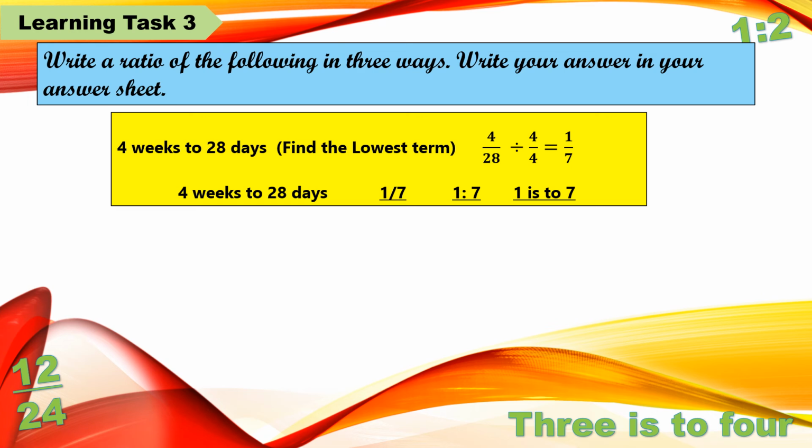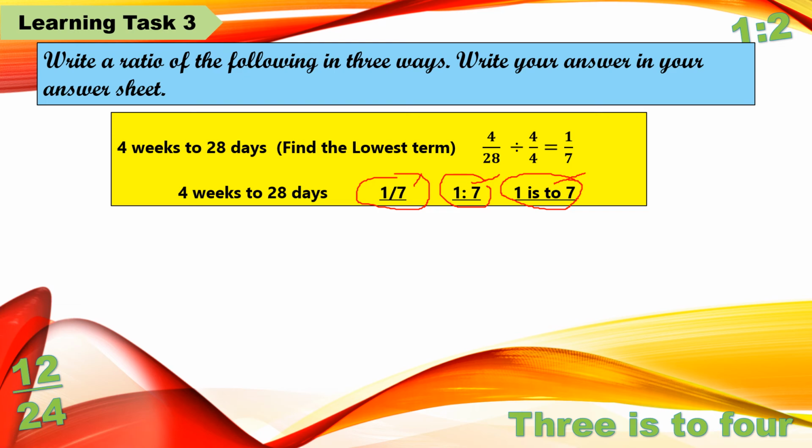So, 4 divided by 4 is 1. 28 divided by 4 equals 7. So, 4 weeks to 28 days equals 1/7, 1:7. So, you will write your answer in 3 ways: the fraction form, colon form, and word form.